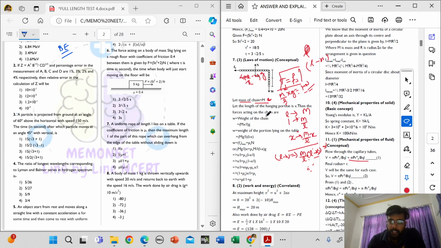See here, the weight of the hanging part of the chain is m x upon L. For the rope to not slide down, while it is on the table, see, what are the forces acting here?